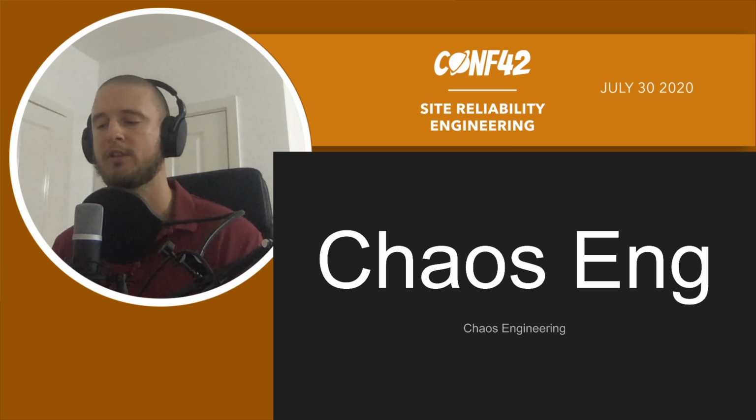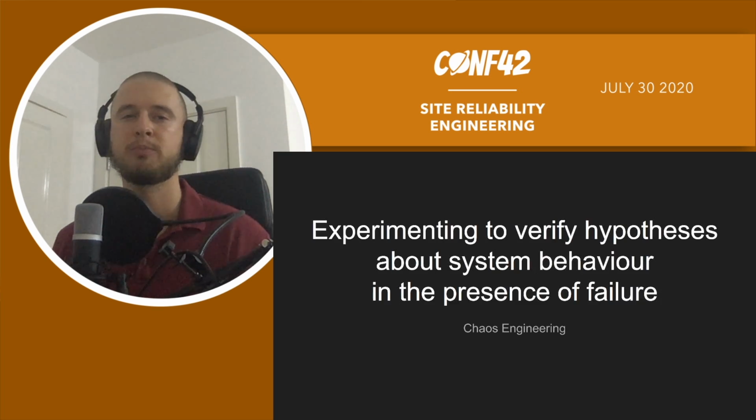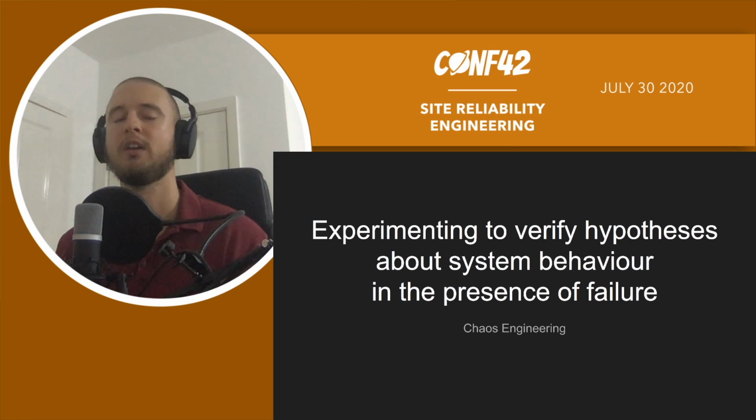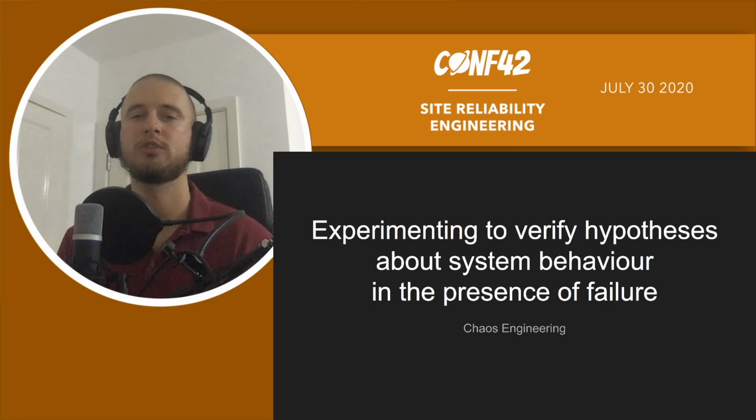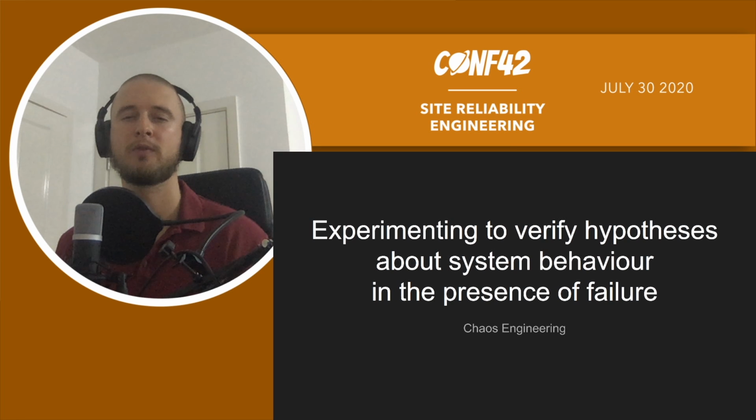What we're after is experimenting to verify hypotheses about our system's behavior in the presence of failure. So yes, we want to inject the kind of failure that we reasonably expect to happen, but we don't really try to break the system.